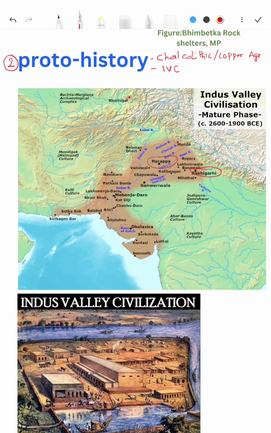Then we have Mohenjo-daro, famous for the Great Bath, and we have Dholavira, one of the unique water harvesting systems, and then Lothal, one of the places where there is a system of dockyard. The ships used to dock in this area.